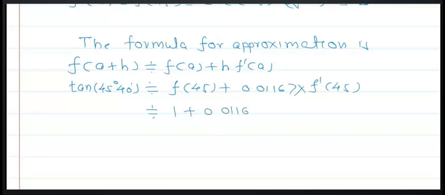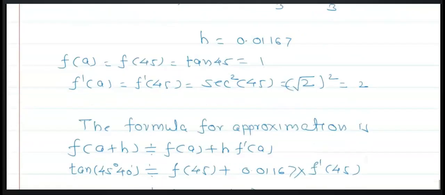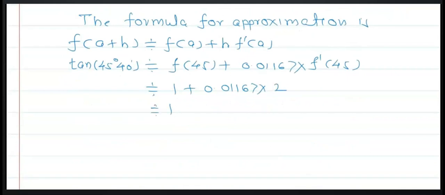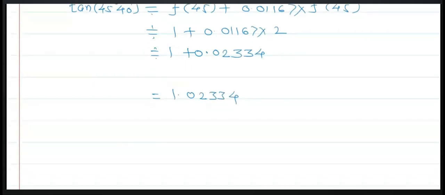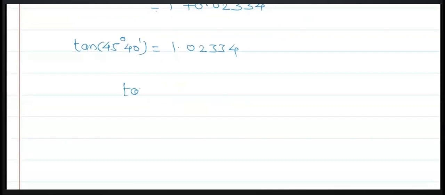That is 1 plus 0.01167 into 2. That is 1 plus 0.02334, that is 1.02334. This is the value of tan of 45 degree and 40 minutes.